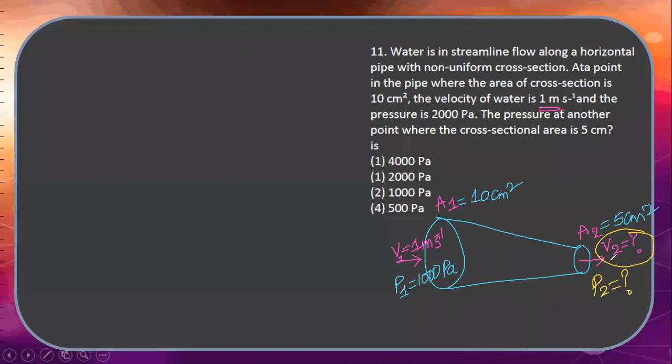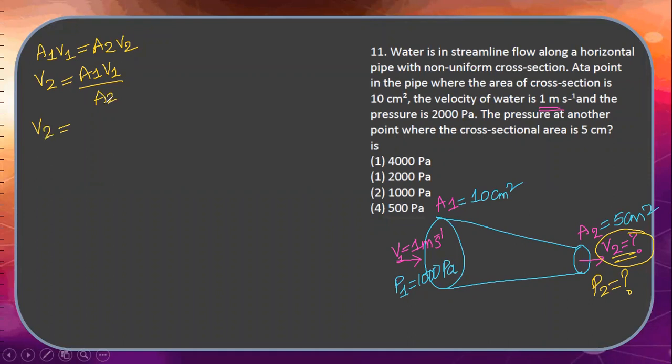To calculate the velocity at the second cross-sectional area, we will take the equation of continuity. A1 V1 is equal to A2 V2. So V2 is equal to A1 V1 divided by A2. A1 is 10 centimeters square, V1 is 1 meter per second, divided by A2, 5 centimeters square. Since both are in centimeters square, I'm not converting.